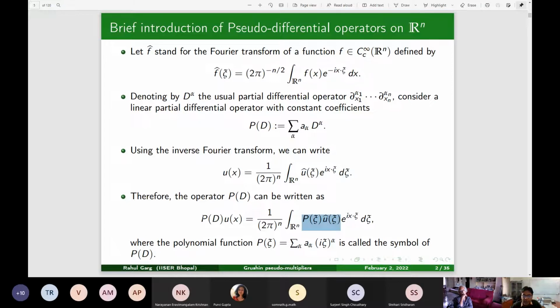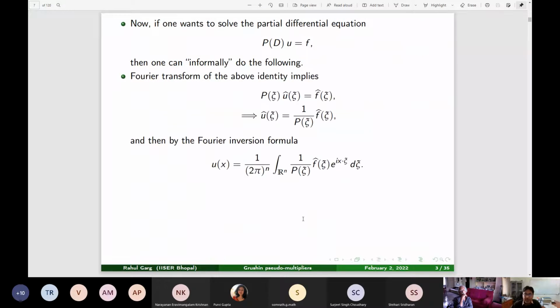So if P(D)u was f, then f hat(xi) should be equal to P(xi) u hat(xi). I can just divide by P(xi), being slightly careless here, not worrying about where it is 0, but at least leaving those points xi where P(xi) is 0, I can write u hat(xi) to be this. And once again, I can apply the Fourier inversion formula to get u in terms of P and f hat.